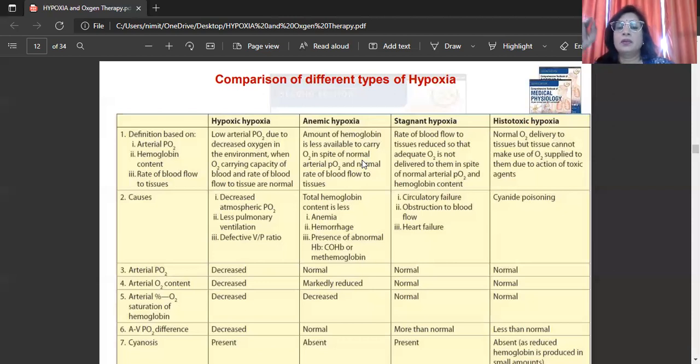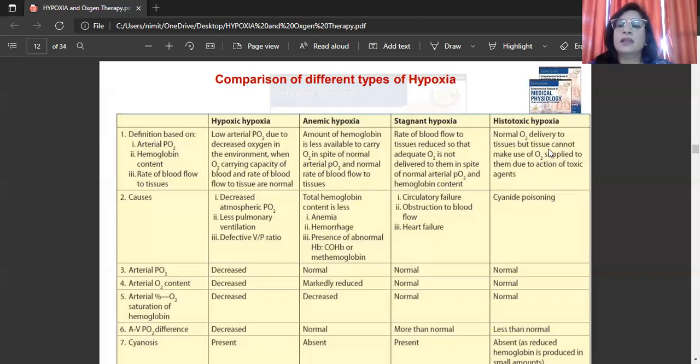Arterial PO2 is normal and hemoglobin content is also normal. The rate of blood flow to the tissue is reduced.